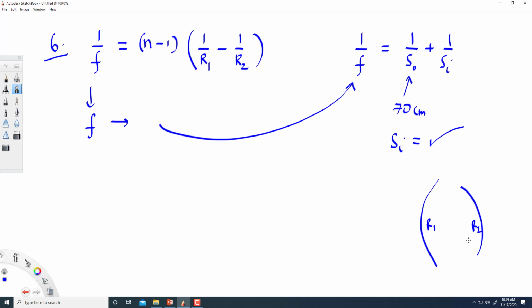This is a convex lens. It's supposed to be positive. To get positive, we need to use the smaller radius in the front. I got negative using the bigger one. So the bigger one is always the back. Basically, you get a positive number. But for a diverging lens, a concave lens, it will be negative. So that's something you need to keep in mind.